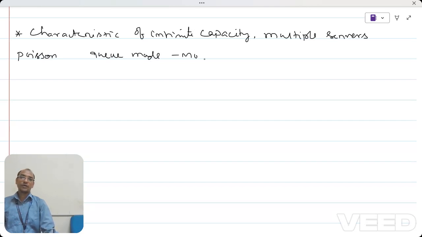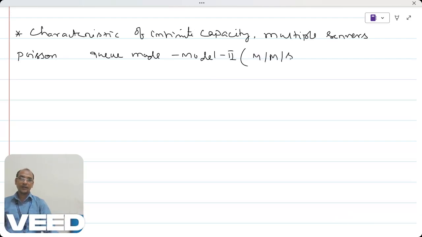We can say model 2. Symbolically we can represent it as M/M/S, where the number of servers is not one.